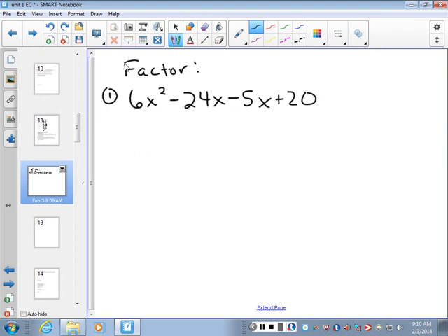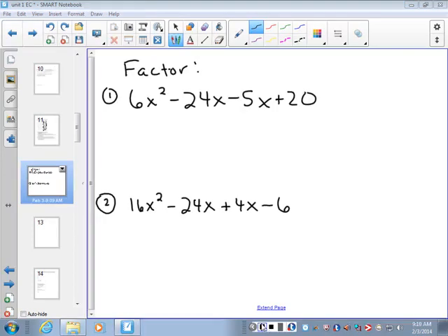And the second problem, oh, I'll pull that down in just a sec. Go with 16x squared minus 24x plus 4x minus 6. So two problems. Try factoring those two problems. Let me put that screen down.